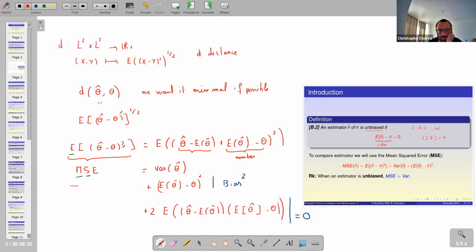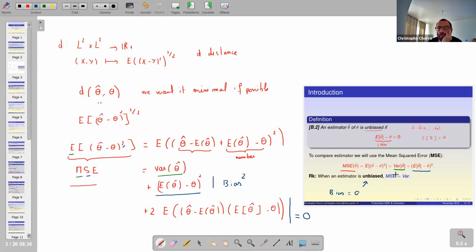I can express my mean square error as the sum of the variance of my estimator plus the square of the bias. And in particular, as it is written here, when the bias is equal to 0, so unbiased means bias equal to 0, then the mean square error is simply this term, that is the variance of my estimator.